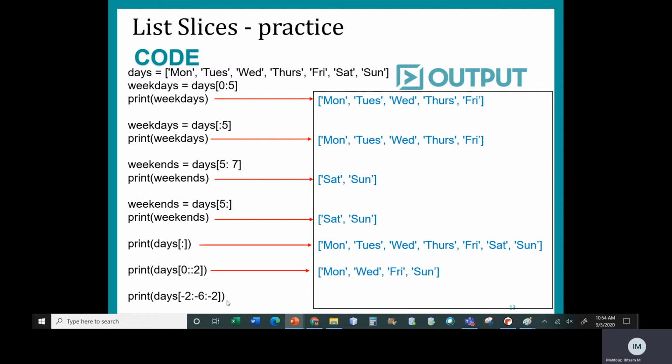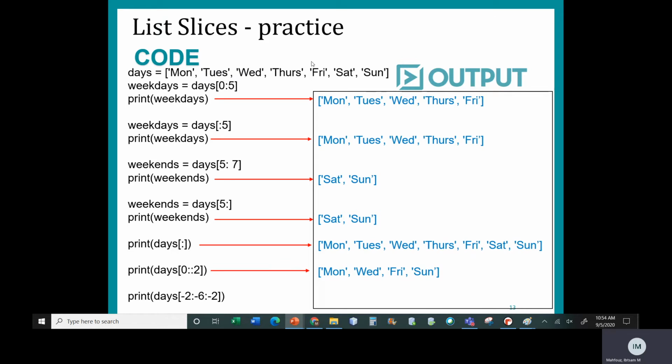And here we can do backwards. So remember, we said when you count backwards, we're going to start with -1. So Sunday is -1. Saturday is -2. So this is going to give us from Saturday, which is -2, and then -3, -4, -5, -6. Tuesday is -6, but it's not going to be included.